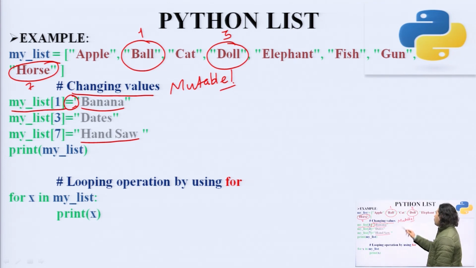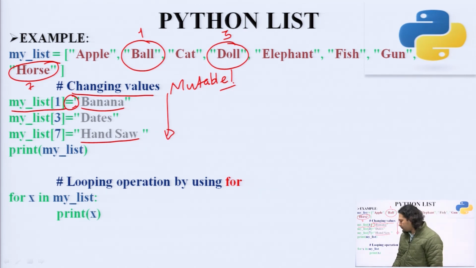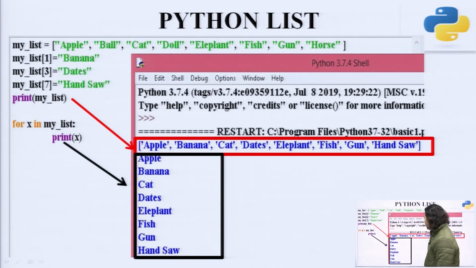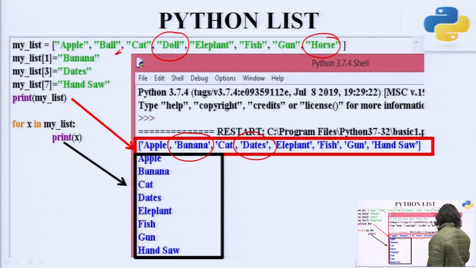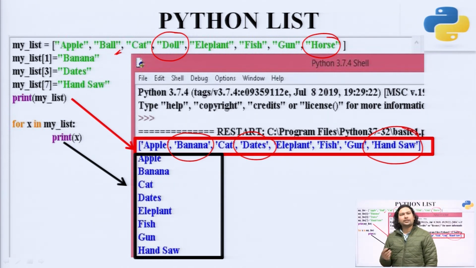So, here you can see 1, 3 and 7 are changed after these 3 lines. Here you can see this ball is replaced with banana. Similarly, this doll is replaced with lights, and the last one, this horse, is replaced with hands. So, this is how we change the values, this is how lists are proven to be mutable.